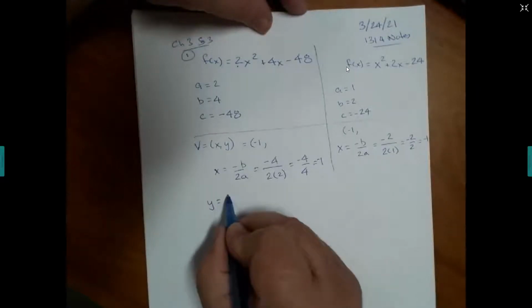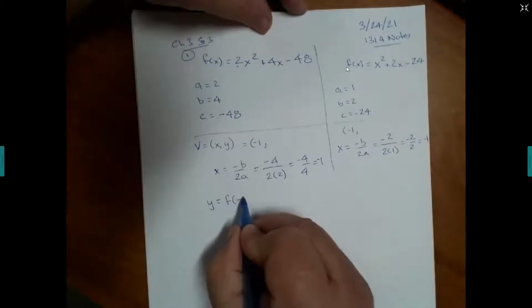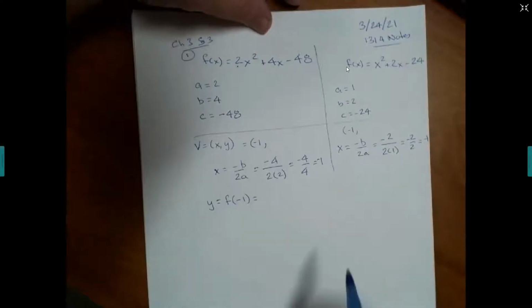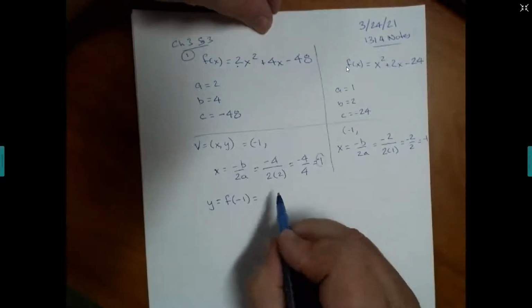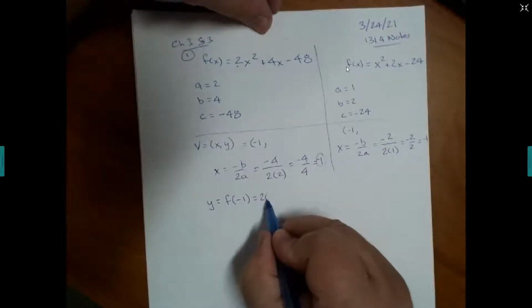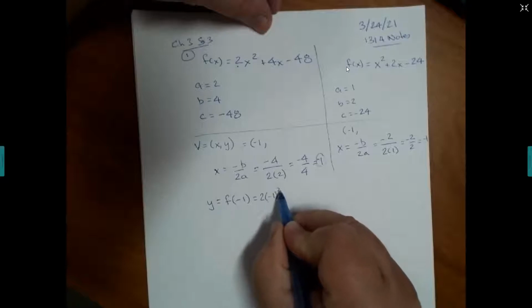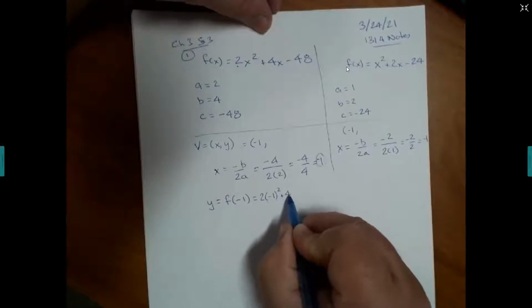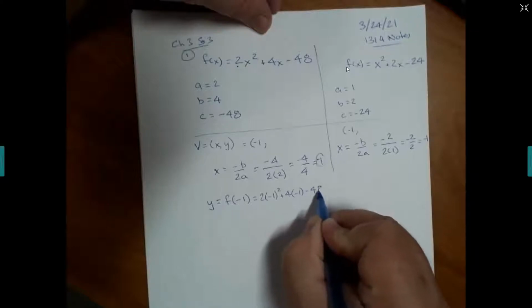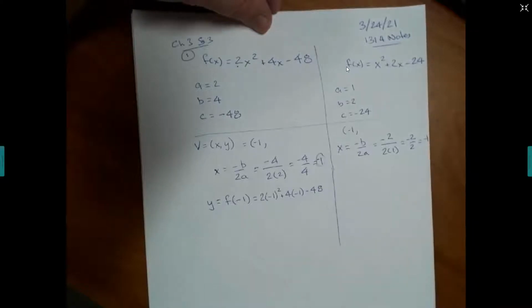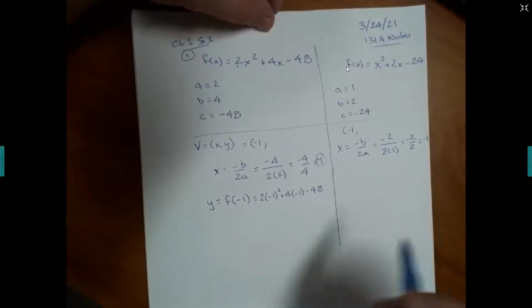The y value is the function at this x point. So we have 2 times negative 1 squared plus 4 times negative 1 minus 48. I'm working both ways.